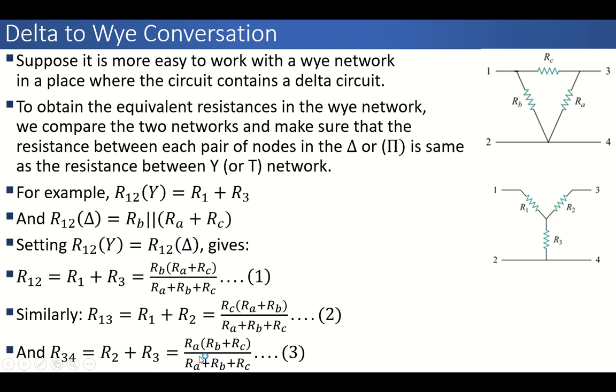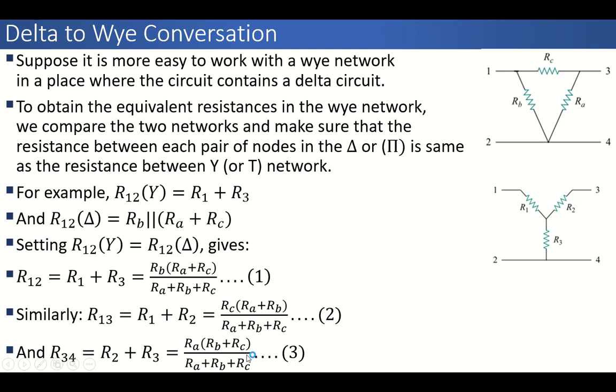This should be equal to RA multiplied by RB plus RC divided by RA plus RB plus RC. So let's call this equation number 3. So now we have 3 equations. You can see that actually these equations are mixed equations. So we want to solve for R1, R2, and R3 in terms of RA, RB, and RC.